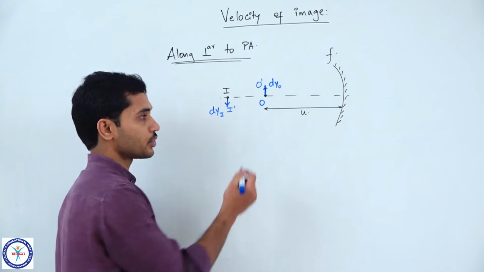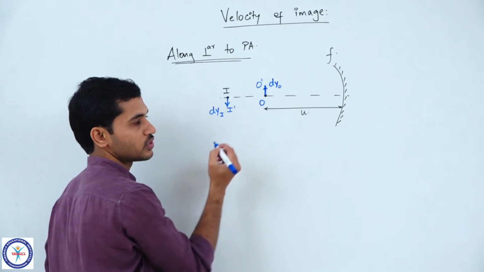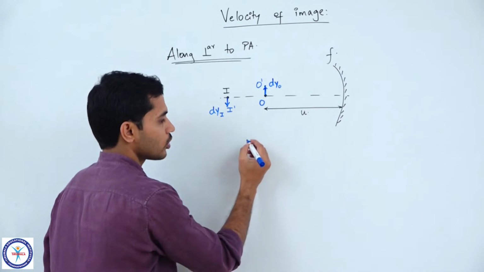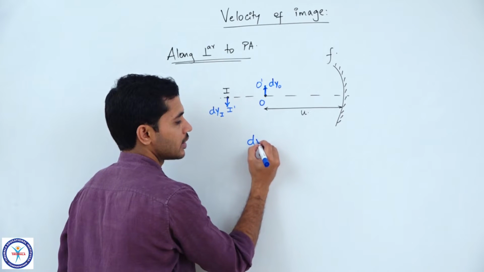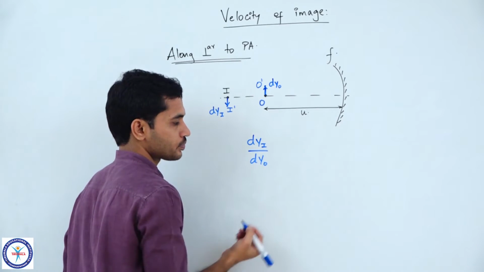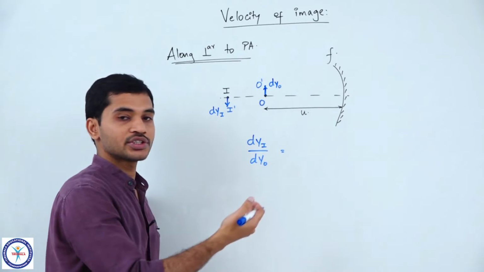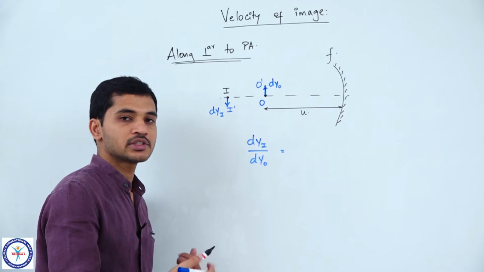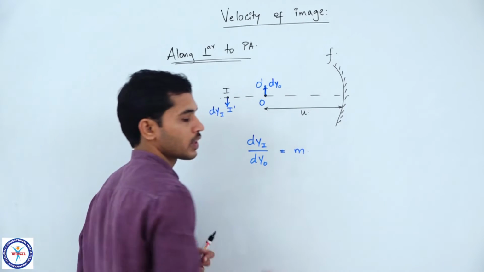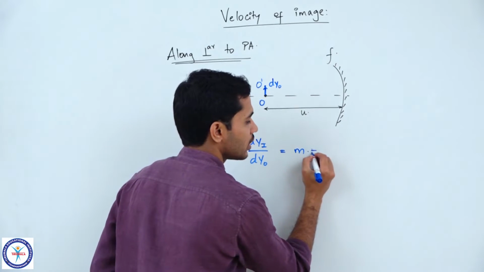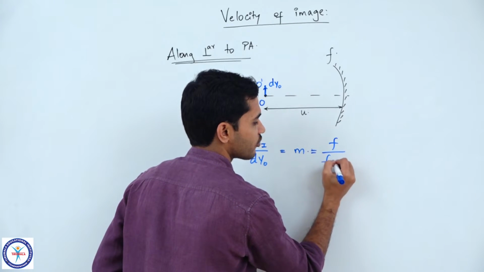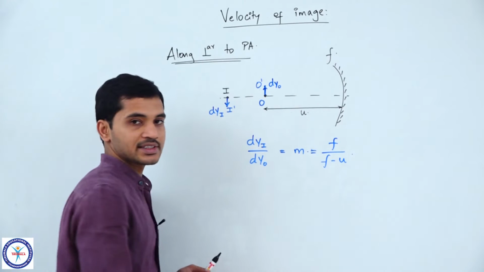If dyo is the object height and dyi is the image height, you all know that I can write dyi by dyo, which is image height by object height, which is the magnification. This is nothing but m, and you all know how to find the value of m. It can be written as minus v by u, or it can be written as f by f minus u. So, that is the expression.